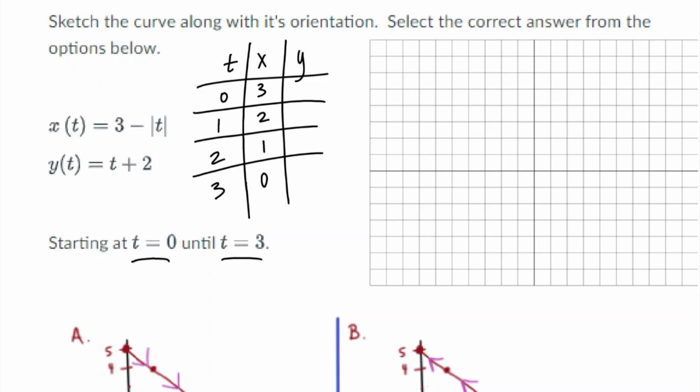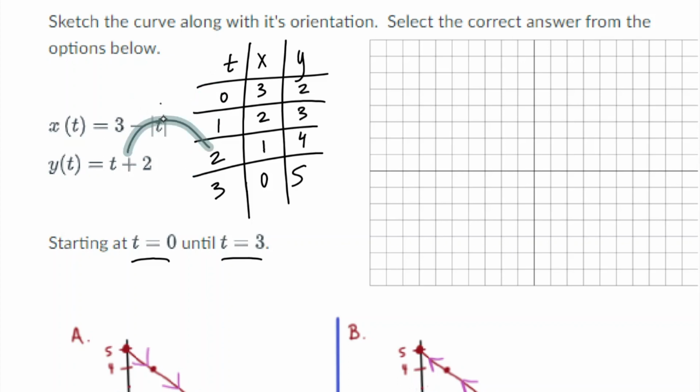Now I'll repeat that again for my y. 0 plus 2 is 2. 1 plus 2 is 3, 2 plus 2 is 4, 3 plus 2 is 5.